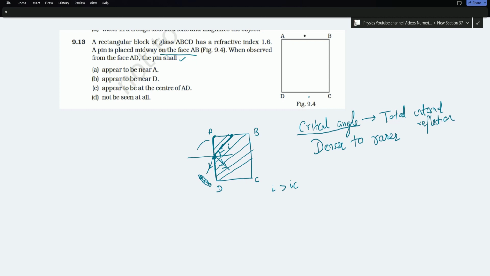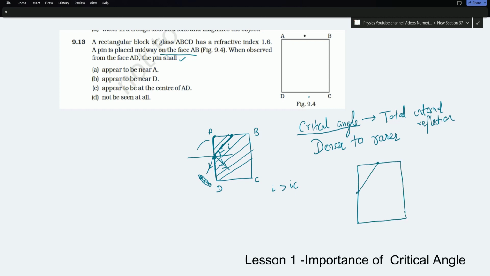This is called total internal reflection. So again, this is your block. Two possibilities: the ray goes like this, with the normal, it bends and comes out. This is the scenario where the angle of incidence is smaller than the critical angle, so real refraction happens.